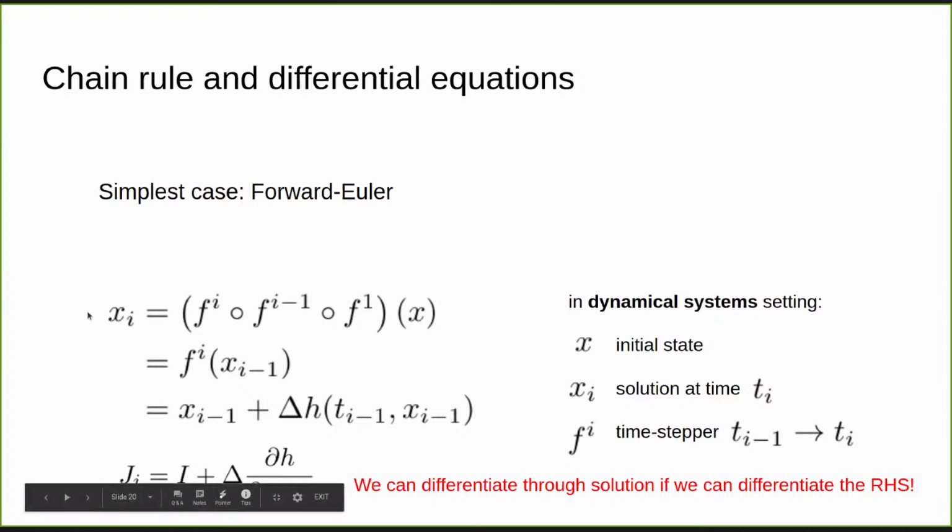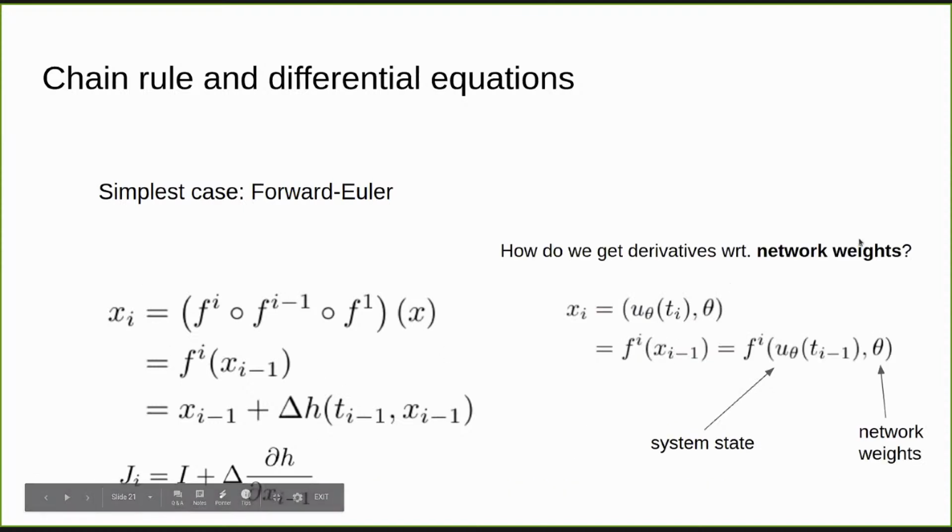By this point, you might be asking: all I'm saying all the time is differentiating future states with respect to previous states. But what we really wanted is differentiating any state along the trajectory with respect to parameters, like network weights. There's a little trick here. We can talk about it later, or you can also just believe me for the moment.